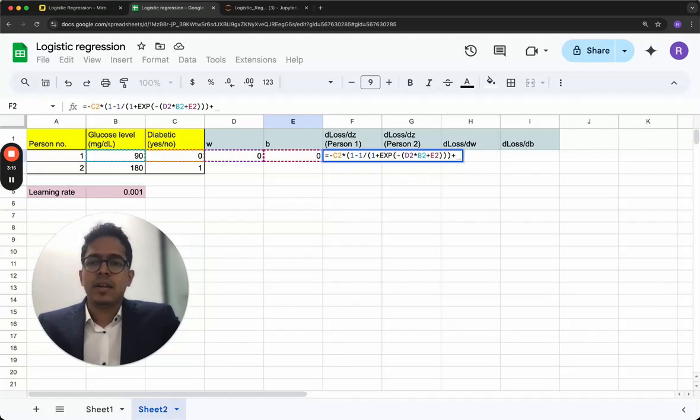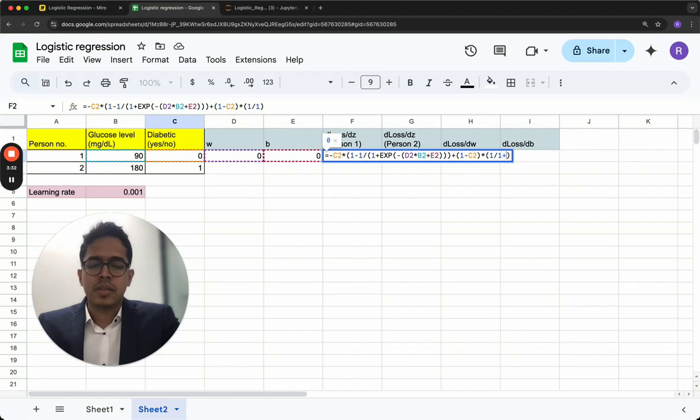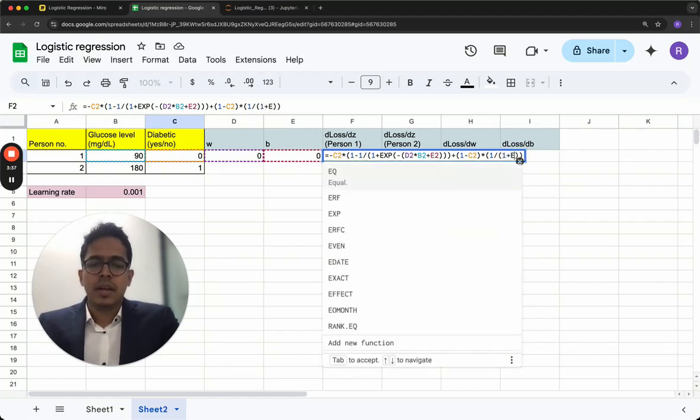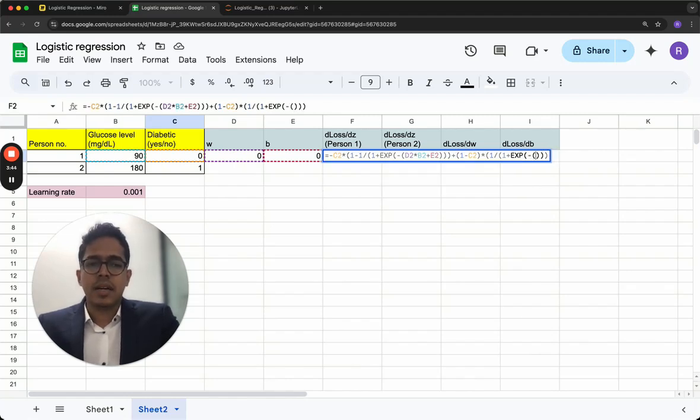Plus next term is 1 minus y times sigma. So 1 minus y times sigma. Sigma is 1 by 1 plus exponent of minus z, which is nothing but wx plus b. So w times x.